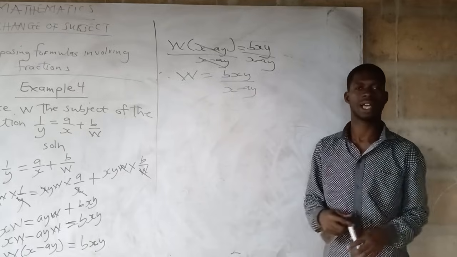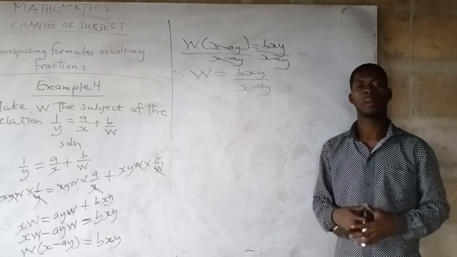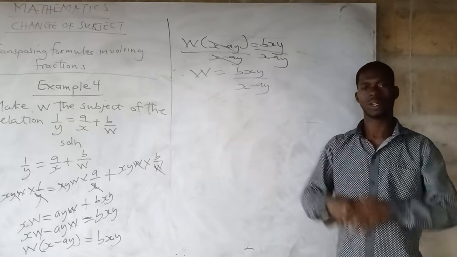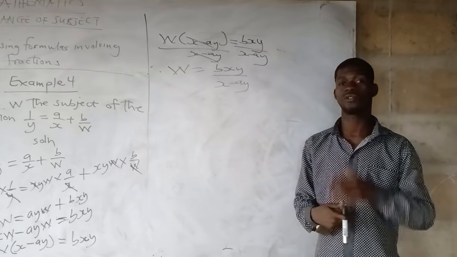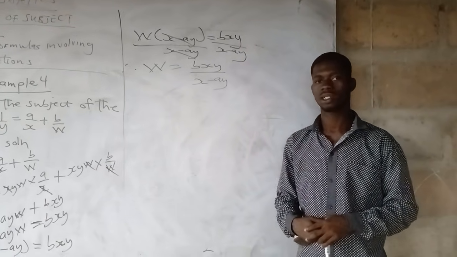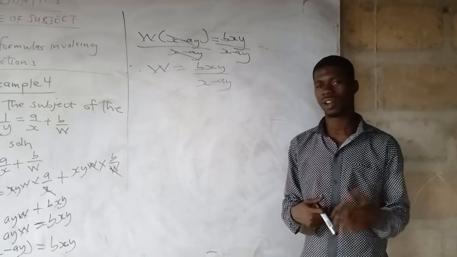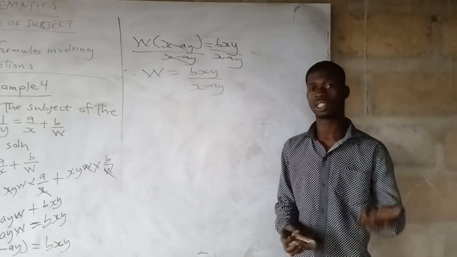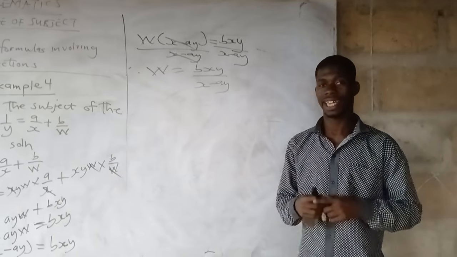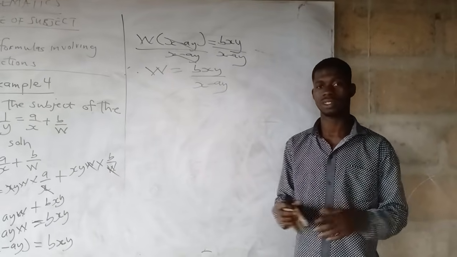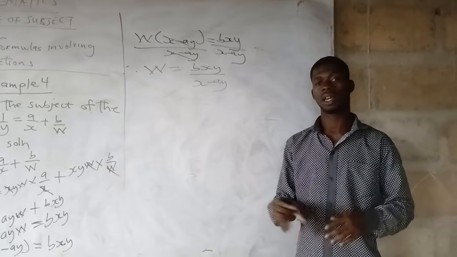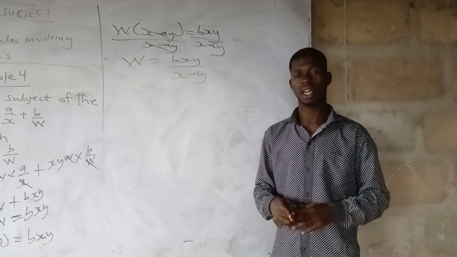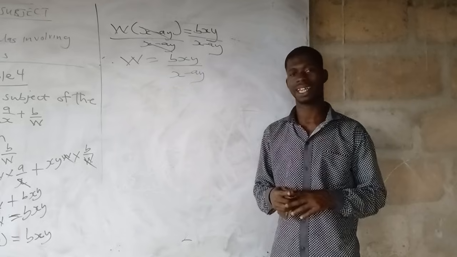So simple as that. I'll post the assignments on the WhatsApp platform concerning the ones that involve fractions. If it involves fractions, you just have to eliminate the fraction, either by multiplying by the number being given, or by finding the LCM and multiplying each term by it.